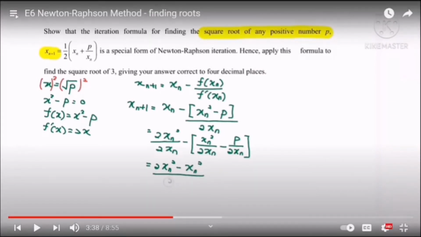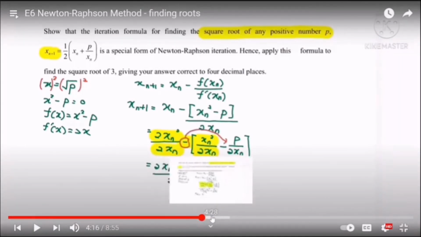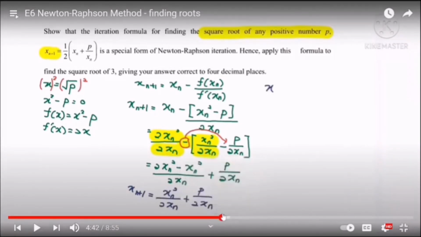So, harap you faham. Ni, saya expand atau saya buka kurungan. Nampak? Benda ini tolak, benda ini over ni. Ini dengan ini dapat plus. Then, saya ringkaskan dia. Saya dapat inilah. Nampak? 2 minus 1 dapat 1 saja. So, saya ringkaskan.